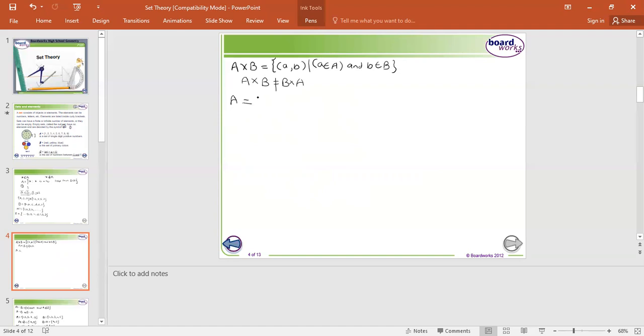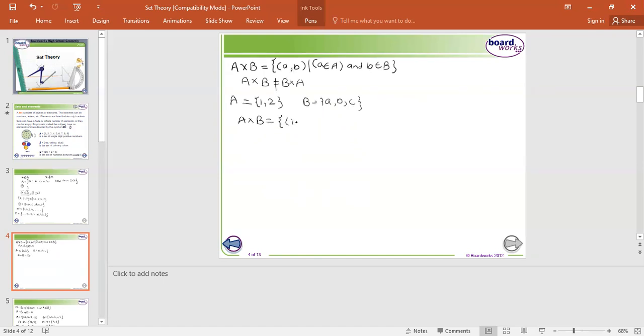A contains two elements, 1 and 2, and B contains a, b and c. Then how will you give A cross B?